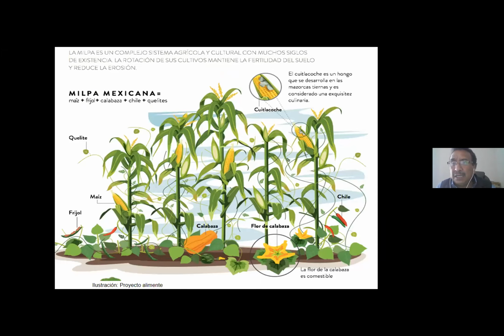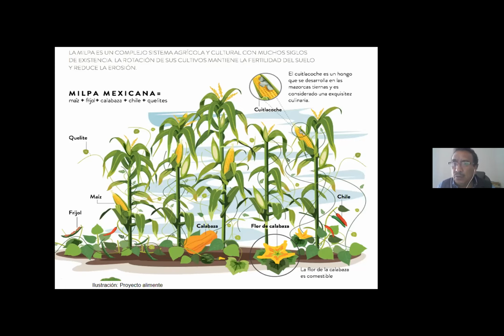This example of the cornfield, known as milpa in Spanish, I can't show you a photo of this. It's better to show this diagram, this traditional technique for growing. It's being lost in some communities, but this is the typical system that many of you know about, where we have corn, beans, and squash, as Chris talked about.